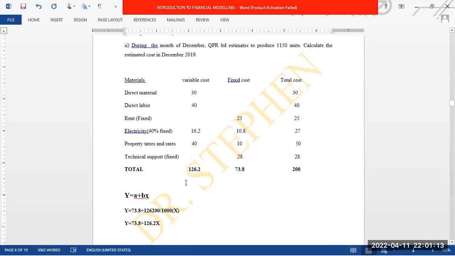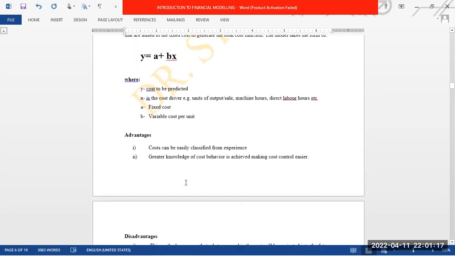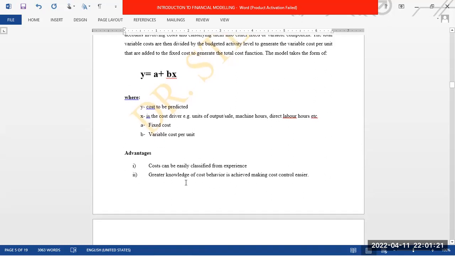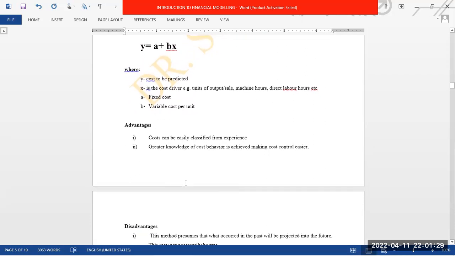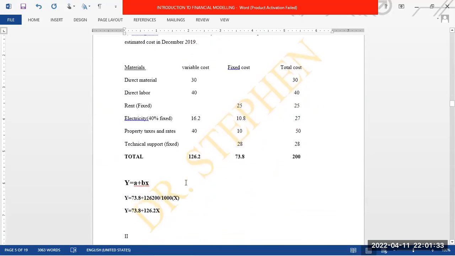So you can see we have the cost to be predicted is y, the cost driver is per unit machine hour, then the fixed cost, then the variable cost is b.